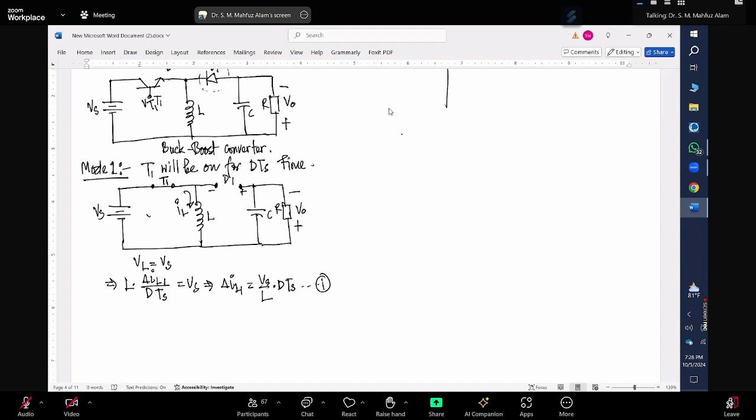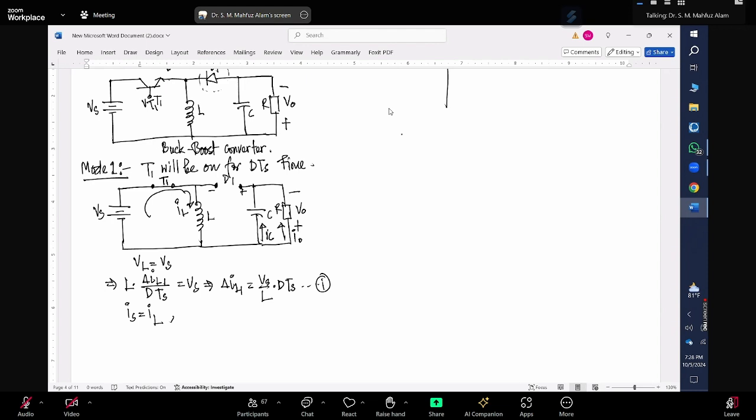And here also, since the source is in series, we can say my IS would be equal to my IL. And since we are considering the output polarities like this, this is my I naught and this is my IC.